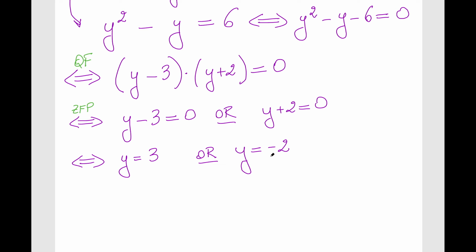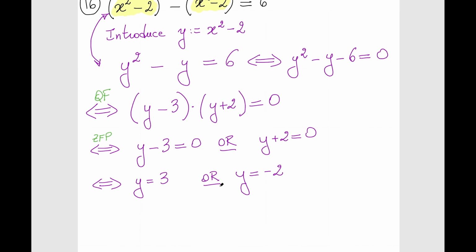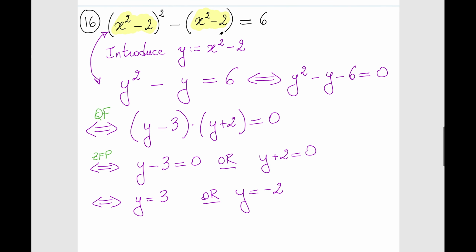Same story. y is an auxiliary thing. The problem was given in terms of x. So let's take back what y means to us. It's x squared minus 2.